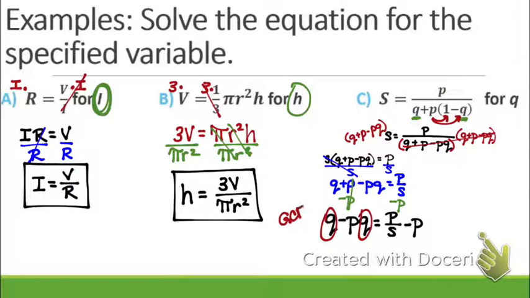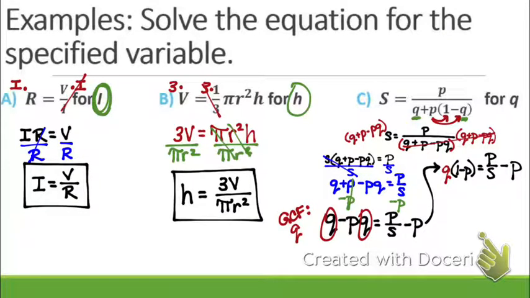So I'm going to factor a Q out here. And that would be like 1, so I have Q times 1 minus P equal to P over S minus P.